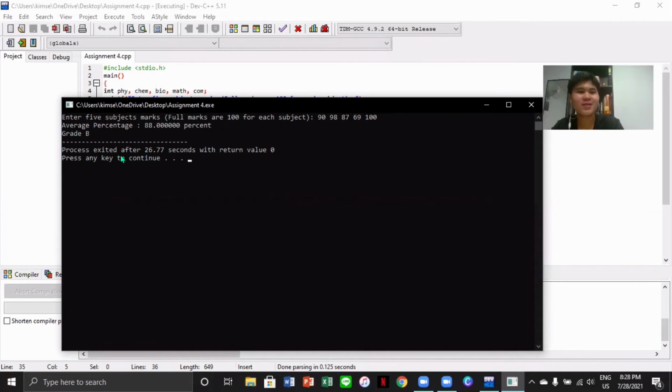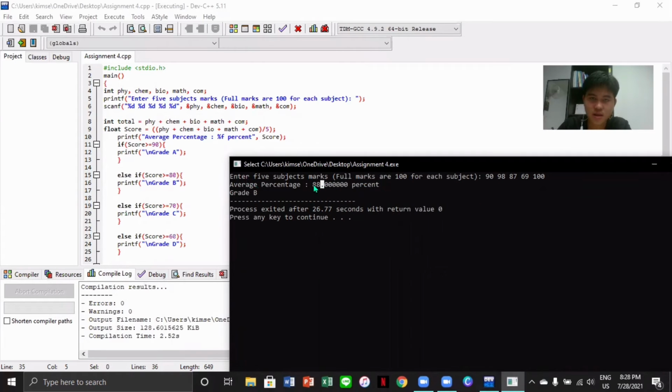So we got grade B. Congratulations is right here, 88%. We put 5 numbers and add them together and got an average that is 88%. We got grade B. Okay.